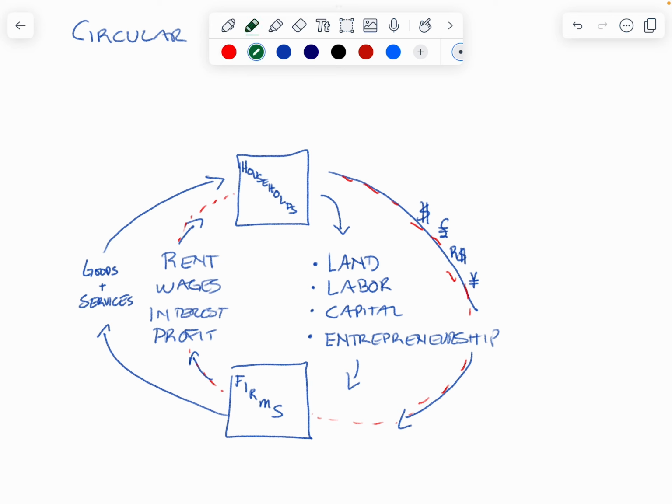Meanwhile, the labor and materials of the economy flow from the households down to the firms and then are turned into the goods and services that the firms sell back to the households. This, then, is the simple version of the circular flow model of the economy, which shows how goods and services can be paid for as they are created from the land, labor, capital, and entrepreneurship, which is originally owned by households.